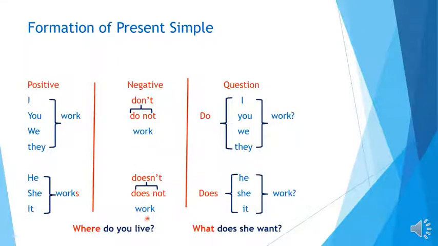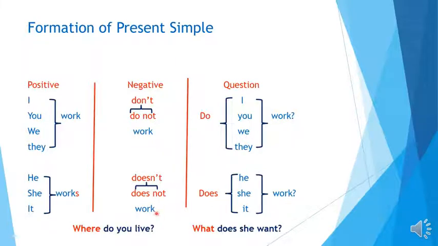I hope it's clear. And another point I need to highlight here is when you are using does not, you have to drop this S. In the positive sentence, you said he works, but in the negative sentence, you say he does not work. You can't say he does not works. That's wrong.